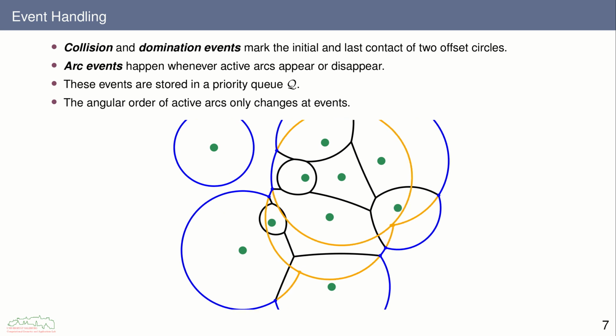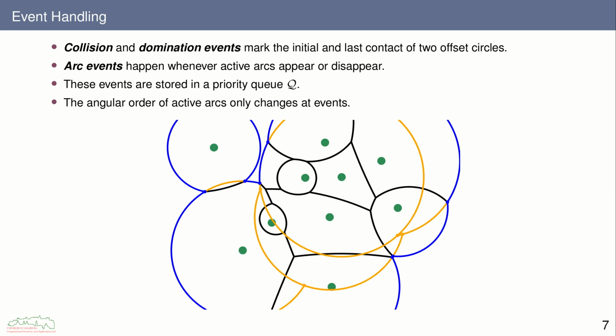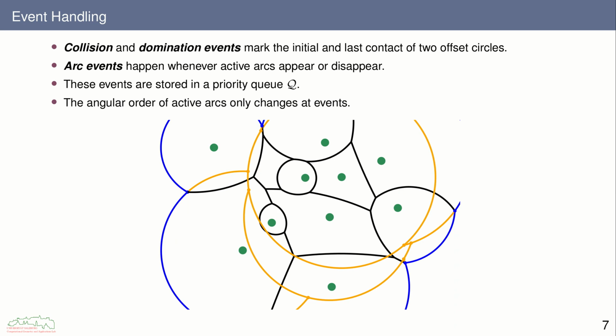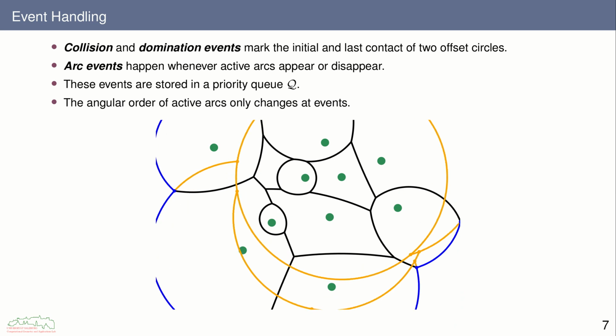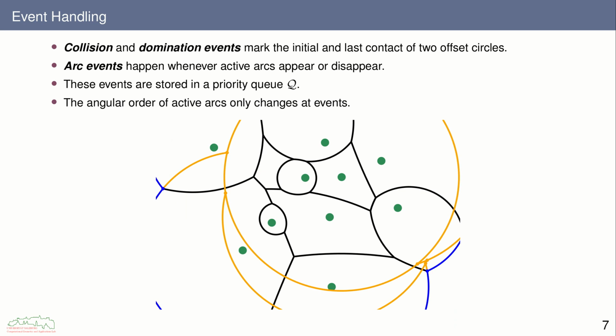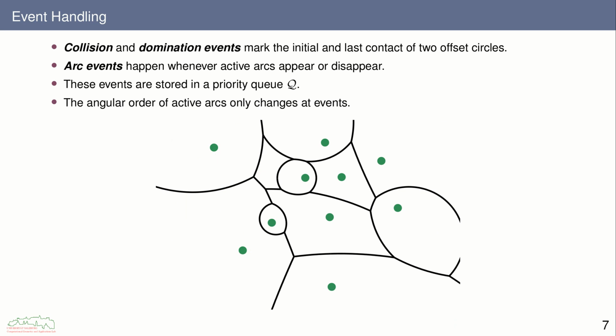Inactive arcs are successively eliminated, and the wavefront vertices trace out the Voronoi edges. If a wavefront arc appears or disappears, then we have found a new Voronoi node. We stop as soon as our event queue is empty and have constructed our multiplicatively weighted Voronoi diagram.